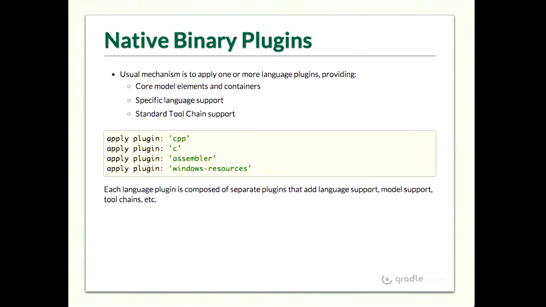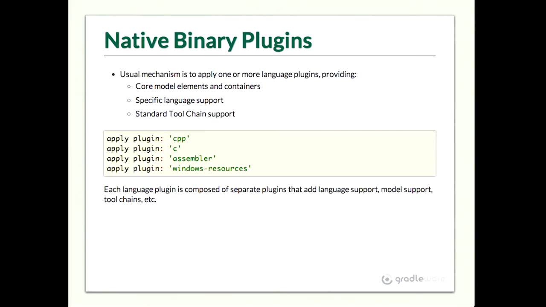Okay, so we have a bunch of plugins that provide the native support in Gradle. Usually what we're doing when we're adding native support to our build is applying the plugins. What do the plugins do? They're basically providing the core model elements, so these component types: executable, native library, test suite.